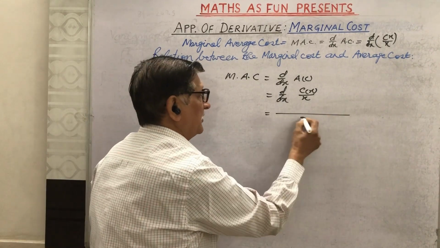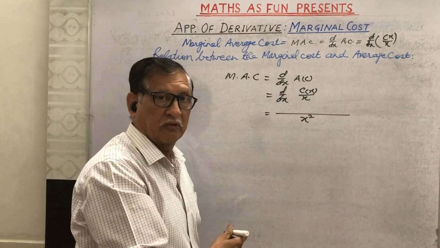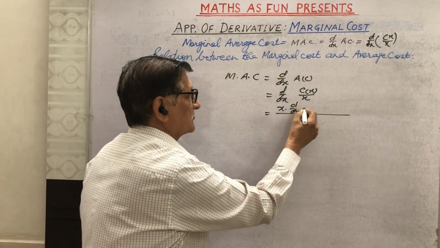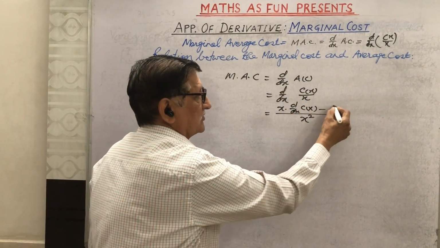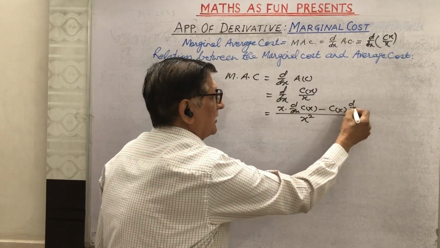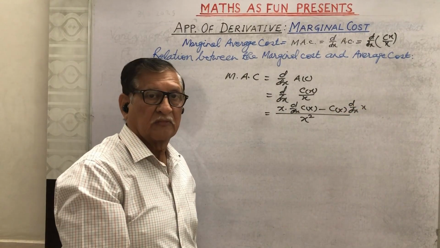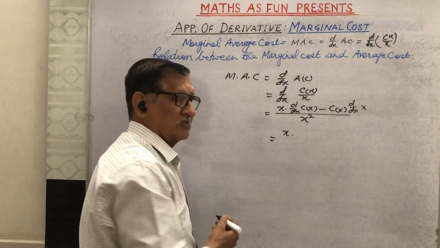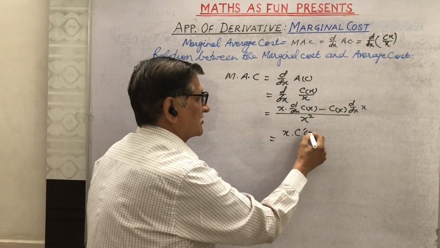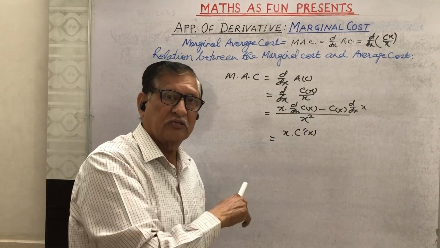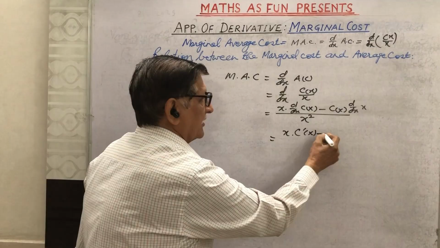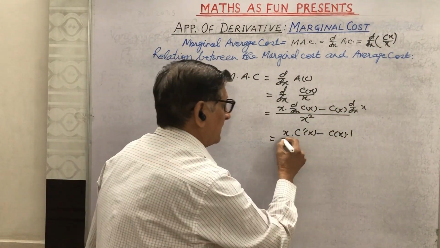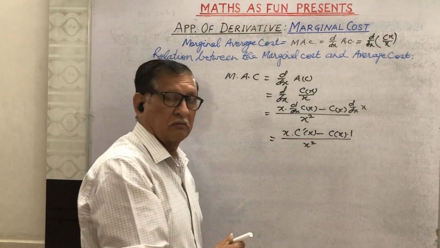According to that, x² will be in the denominator, and the numerator is x into d/dx of C(x) minus C(x) into d/dx of x. This is equal to x into C'(x), which is the marginal cost, minus C(x) into 1, divided by x².